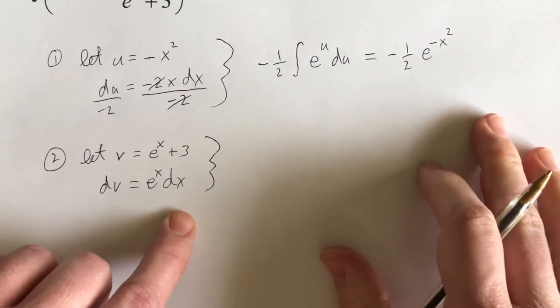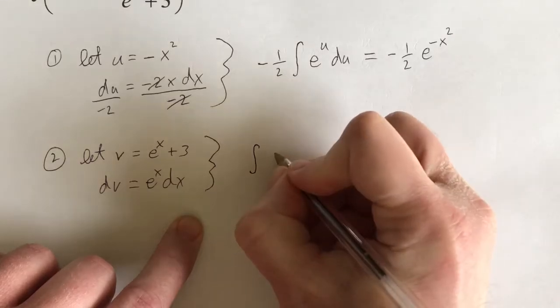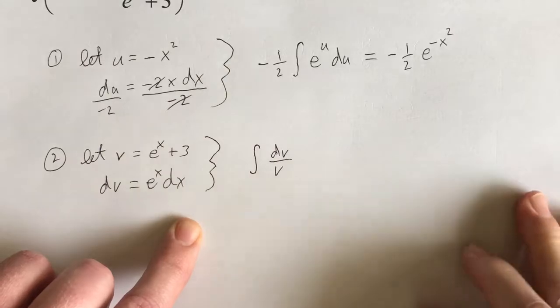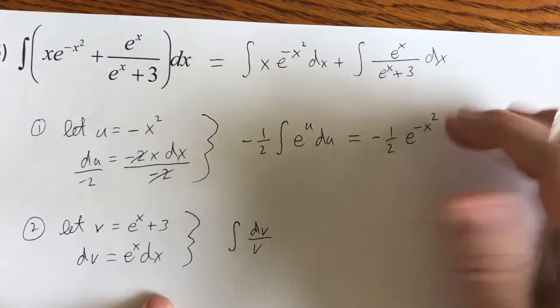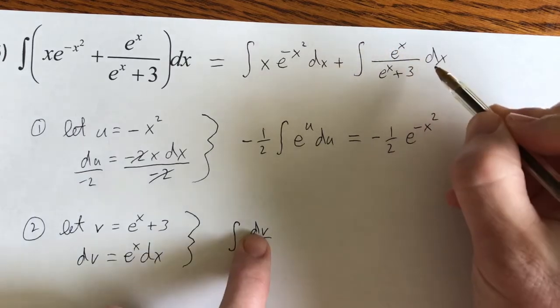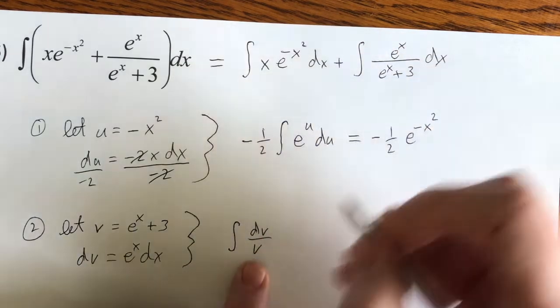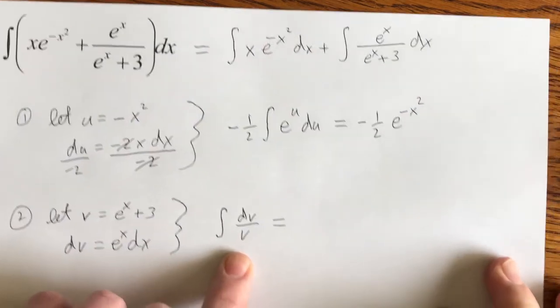Let's rewrite it. So the rewrite would be the integral of dv all over v. Okay, so dv in the numerator, and then v in the denominator. And we looked at one of these earlier, so I'm just going to cut to the chase.